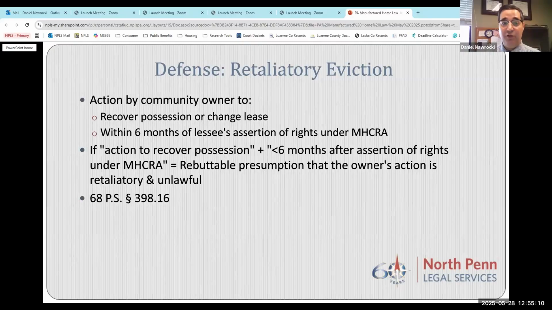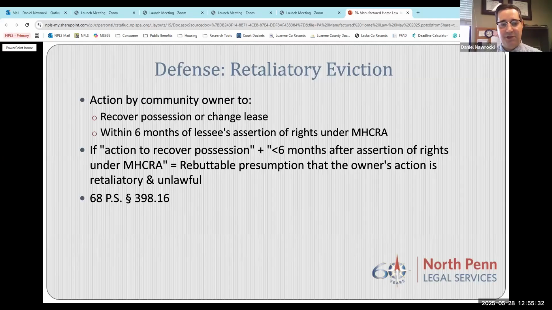The next defense is retaliatory eviction. If a manufactured home resident asserts any right under the MHCRA, there's a presumption under the Act that an eviction that occurs within 6 months is retaliatory. And that's also not allowed under the MHCRA.